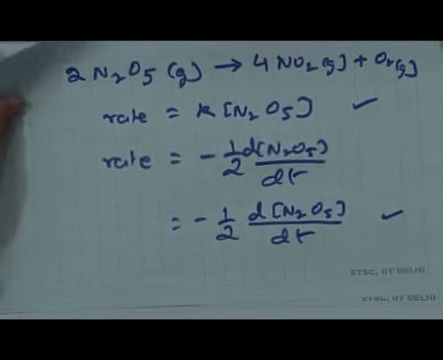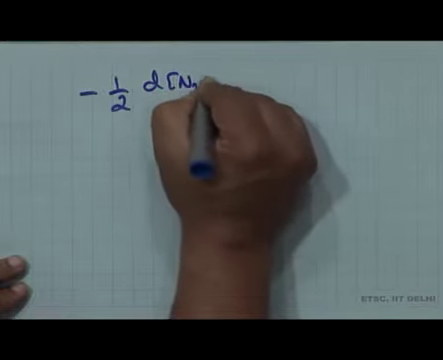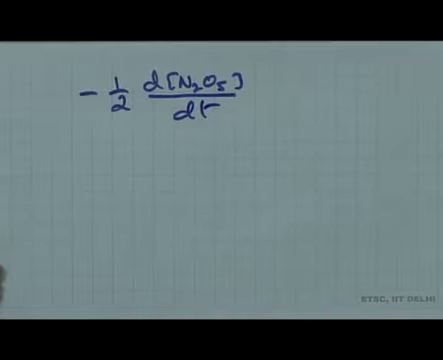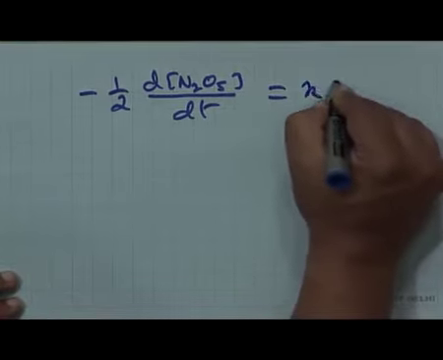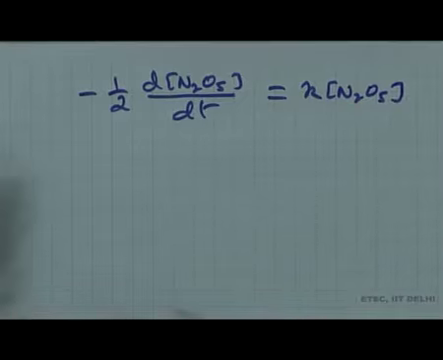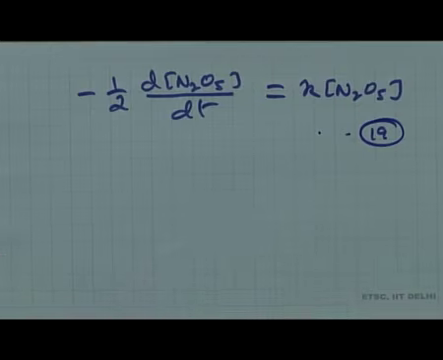So, when I do that, there is a difference coming in. I now write minus half d of N2O5 over d of t is equal to K N2O5. So, this is my equation right now, let this be equation number 19.